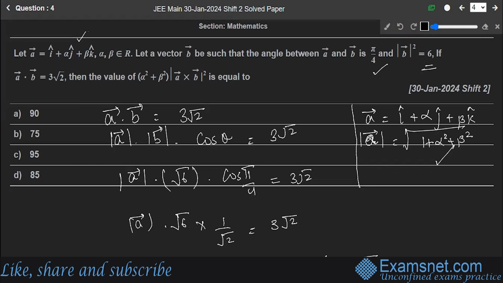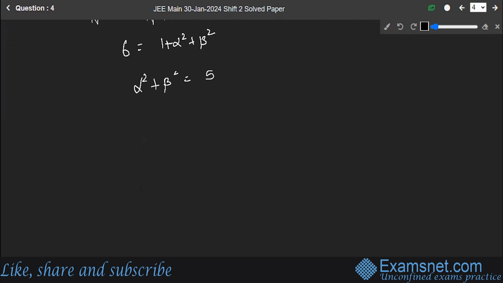Now let's go to what we had to find out, was this thing. Alpha square plus beta square into the magnitude of a cross b whole square. Let's go. So you have to find out the magnitude of alpha square plus beta square into the cross product of a and b, the magnitude of it whole square. This came out to be 5, we just saw. And let's go for this.